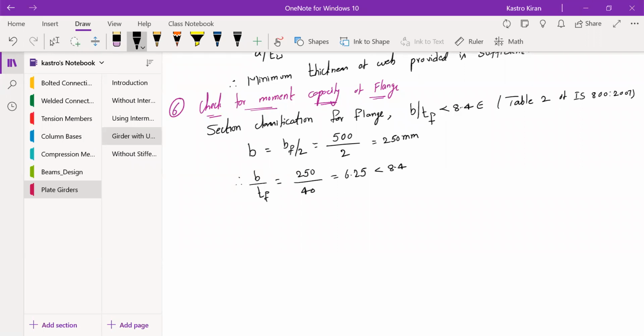Epsilon value is 1. Therefore, the flanges, you have two flanges, belong to plastic category, that is class 1.